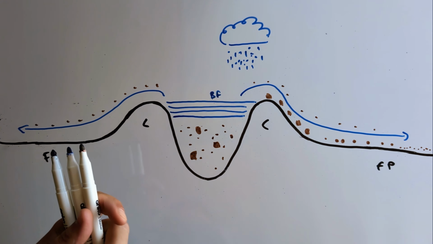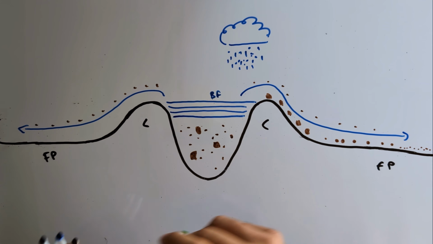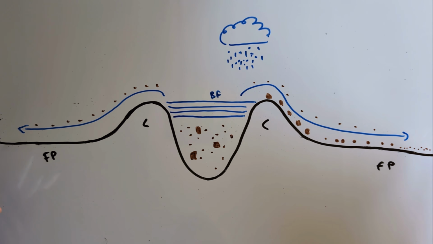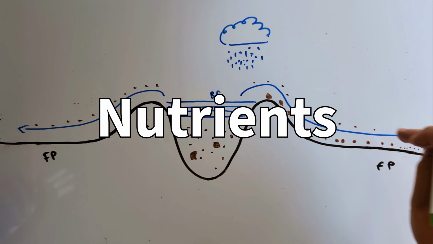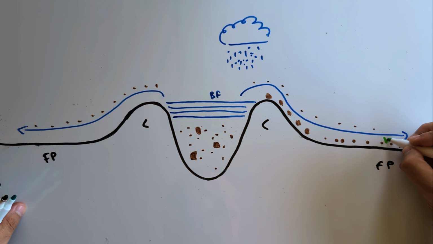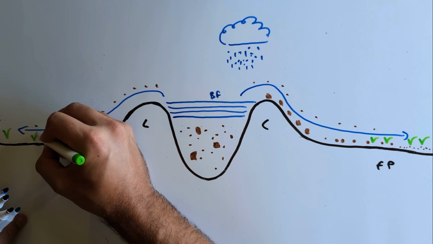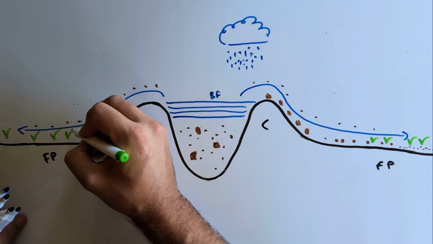So let's start by looking at the effects on the floodplains. Well, on the floodplain, this sediment is full of nutrients. If you can link it to the nutrient cycle, nutrients are great for plants. And so what you find is the soil tends to be very, very fertile.